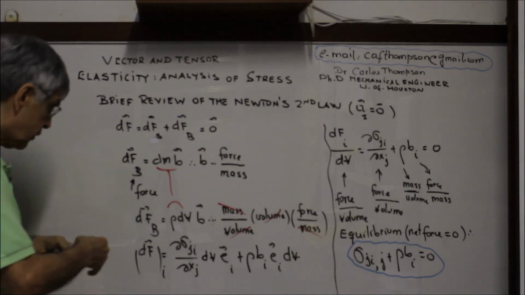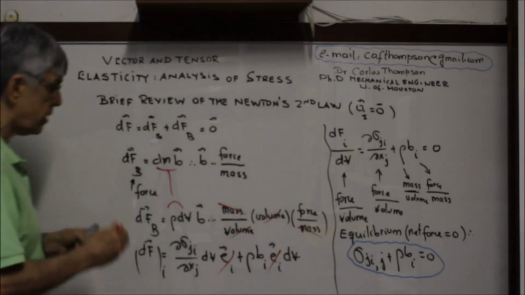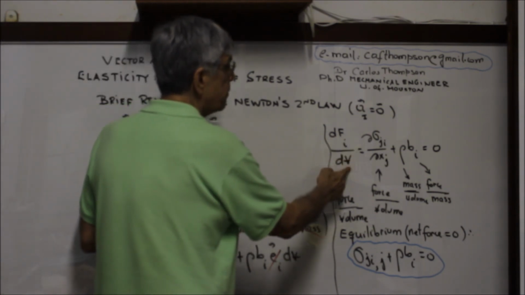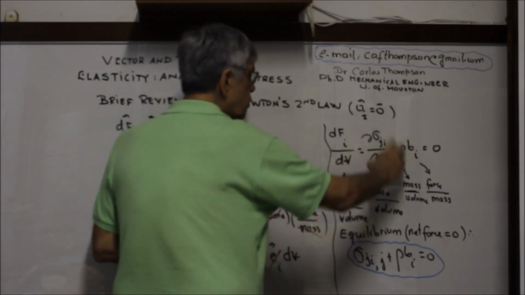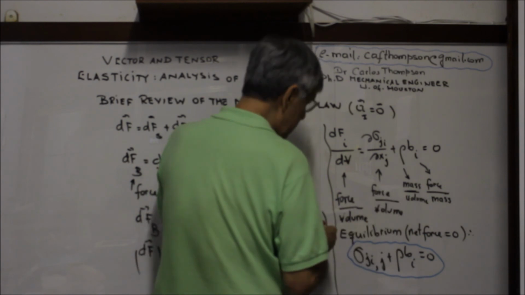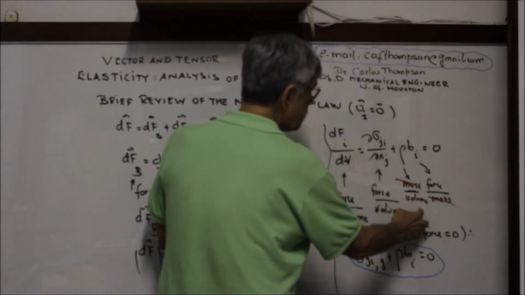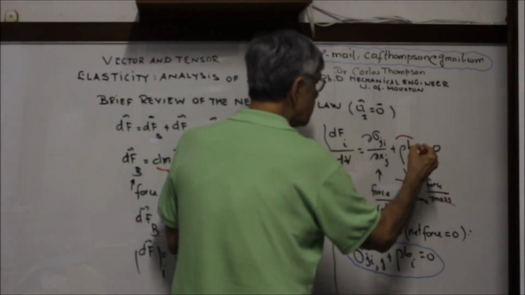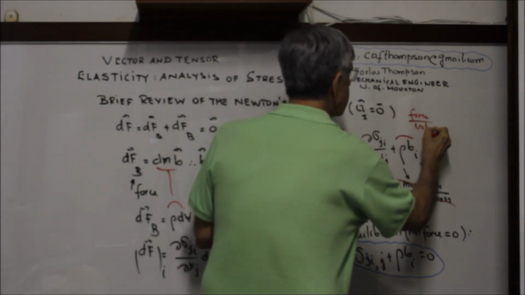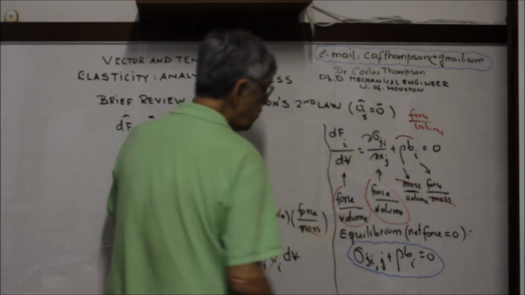In tensor notation, you take this ei out and write dFi divided by dV. This is force by volume. This is mass by volume times force by mass, so you cancel here, and it's force by volume. So this whole term is force by volume, and this is force by volume too.